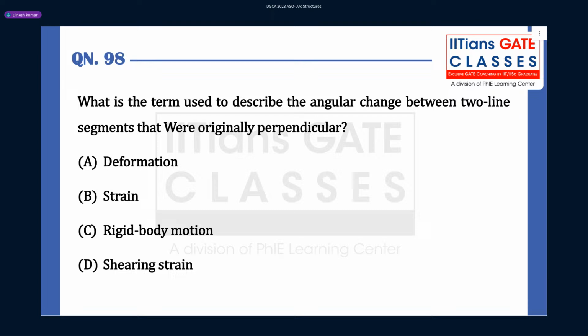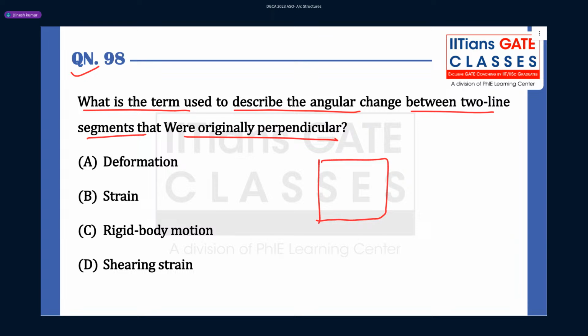No, there is one more question. Question number 98. It is an easy question, and it can be said to be either aircraft structures basics or stress analysis, where the basics are the same. What is the term used to describe the angular change between two line segments that were originally perpendicular? Usually if you take a stress element and we say the change in angle between two perpendicular planes, that is the shear strain developed in the element.